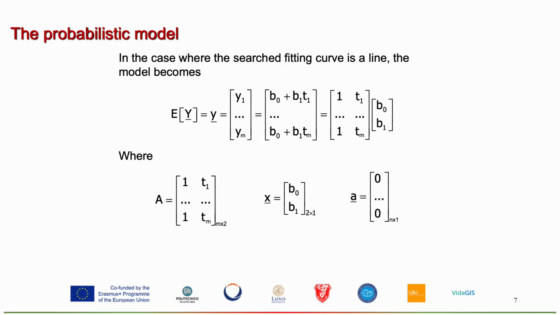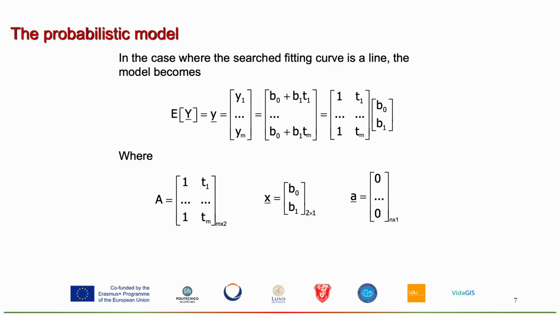So let's see what this means in the case of the fitting line. In the fitting line model, the model is simply that y is equal to b0 plus b1 that multiplies t. So the t_i of the population are given, the observed w_i of the population are given, and the unknown parameters are the coefficients b0 and b1.